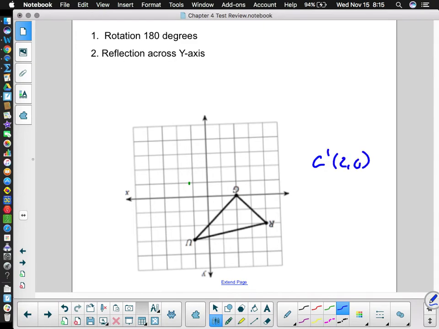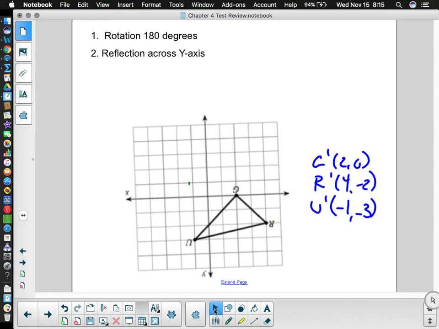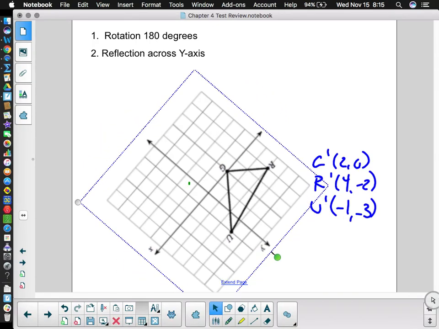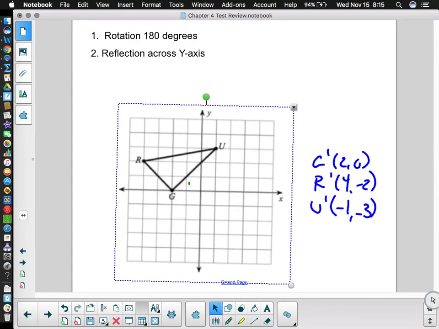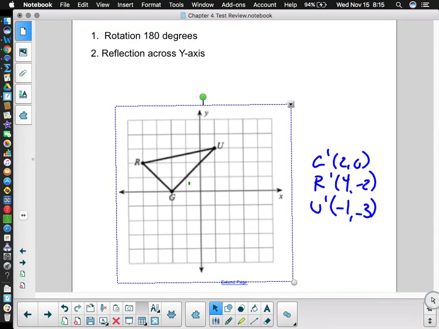The R primed is at 4, -2. And the U primed is at -1, -3. So I'm doing that one visually. You can do it by coordinate rules as well. That's fine. I just want to do one each way, demonstrated in the review.